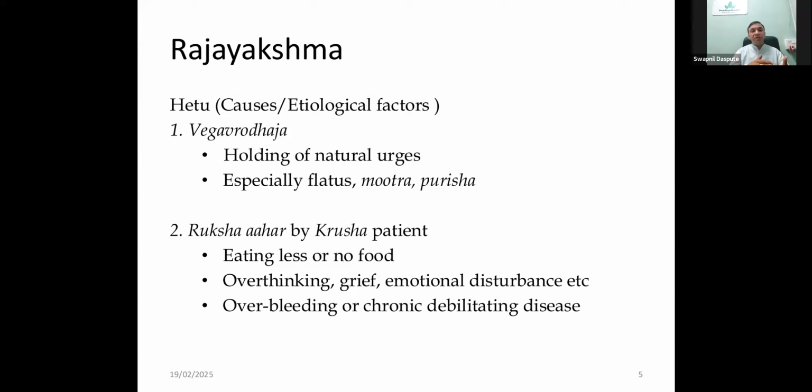But if we forget to tell the patient that if you have any concerns in between, you may call me anytime, the patient will keep consuming the medicines and following the dietary rules and regulations which you have told, for 7 days or 15 days or 30 days, whatever number of days of medicines you have given.